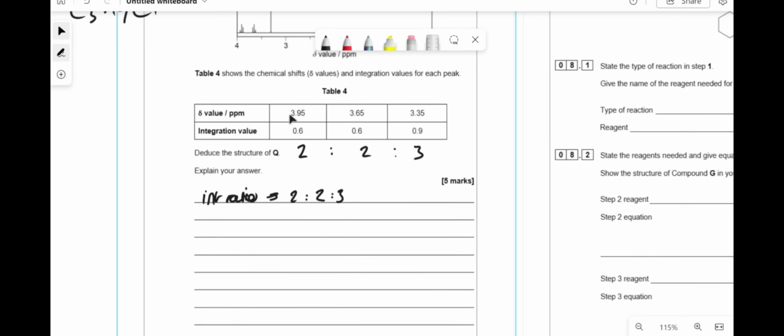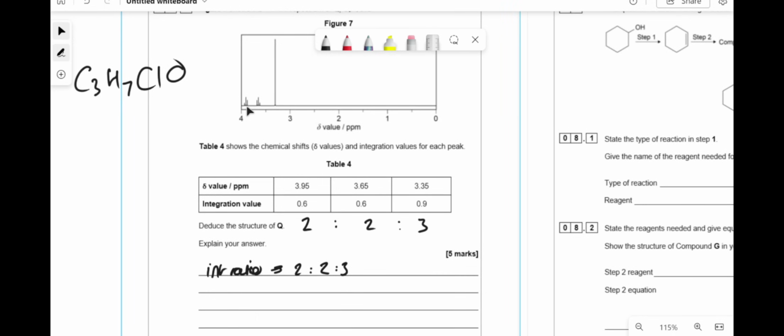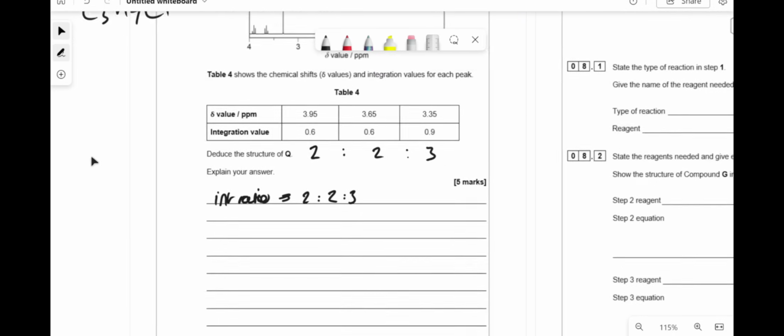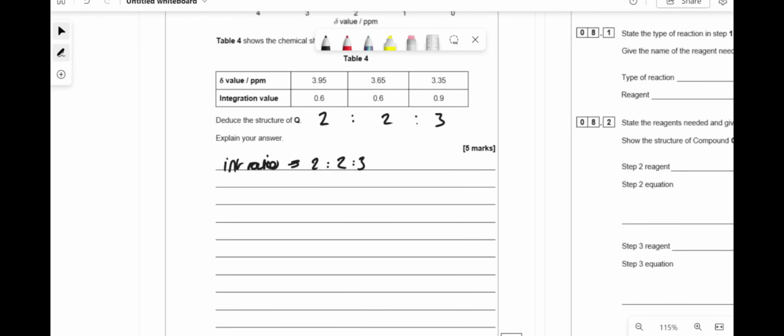So we've got a peak at 3.95. So where's that? It's around here, and it is a triplet. So if we look at our data sheet, what does that correlate to? 3.95 correlates to, in the data sheet, RCH2Cl or Br, right? So cool.